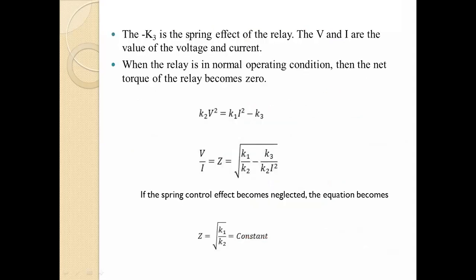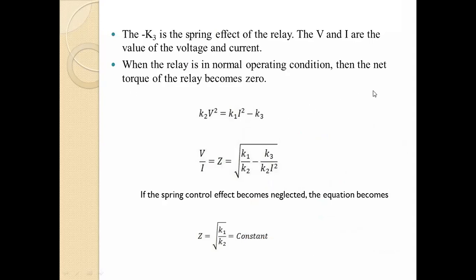Then we say the minus K3 is the spring effect of the relay, meaning some tension of that spring is also considered. V and I are the values of voltage and current. When the relay is in normal operating condition, the net torque of the relay becomes zero.